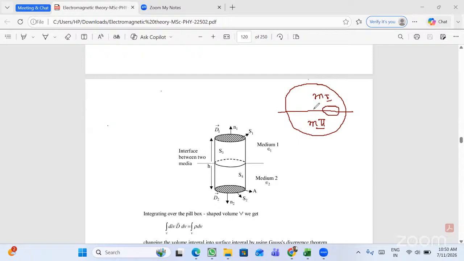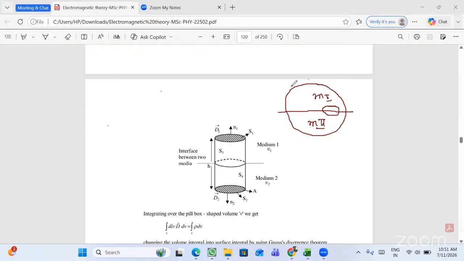So we will make use of the Gauss divergence theorem or Stokes theorem whenever we require.